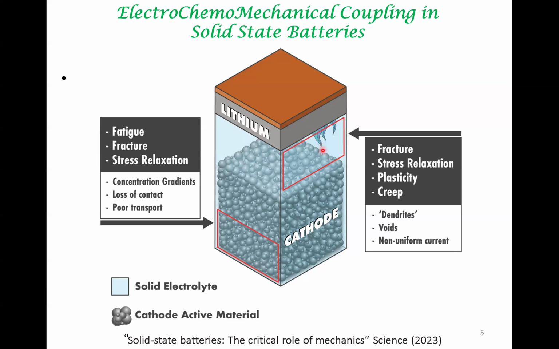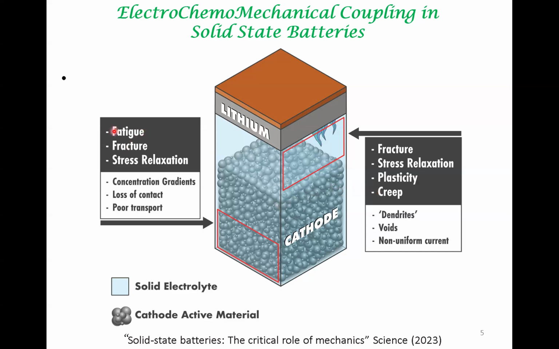So they may penetrate into the solid state electrolyte and cause fracture of the solid state electrolyte. Other kinds of mechanical effects like stress relaxation, plasticity, and creep also come into play.